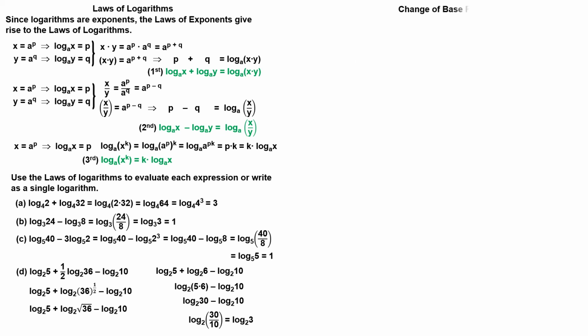Change of base formula. Let's start by writing x equals log base a of c, y equals log base b of c, and z equals log base b of a. Write the logarithms in exponential form.